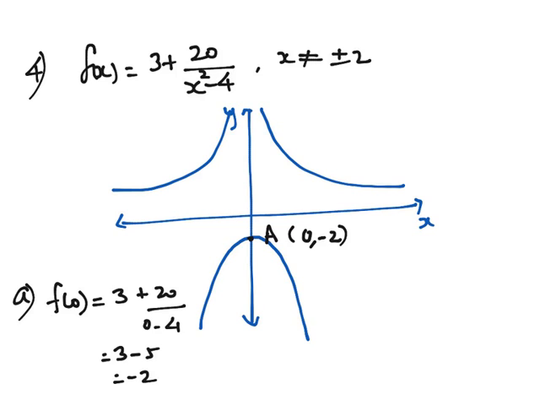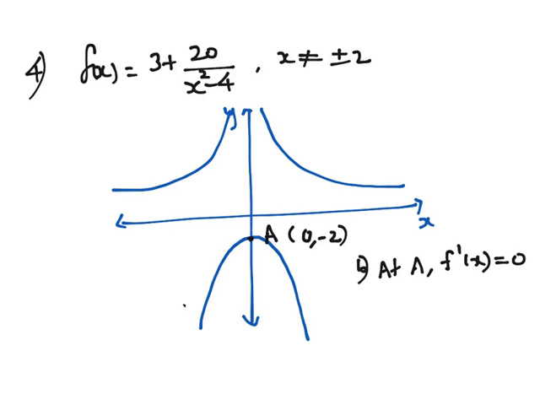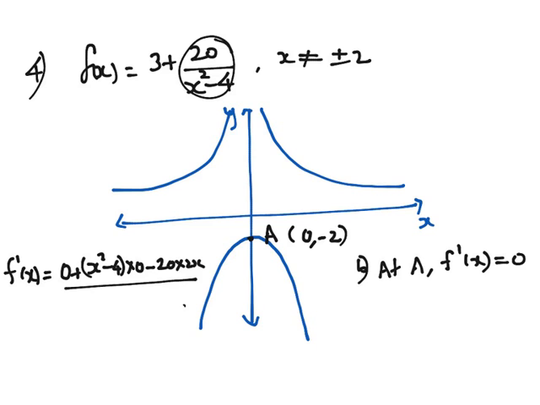The second part is, you have to show that at A, that is B, at A, f dash of x is 0. Okay, how do you show that? Very simple. You need to find the first derivative. So f dash of x will be the derivative of 3, which is 0, plus this one. I'm going to use the quotient rule. So x squared minus 4 into 0 minus 20 into 2x, by x squared minus 4 the whole square.